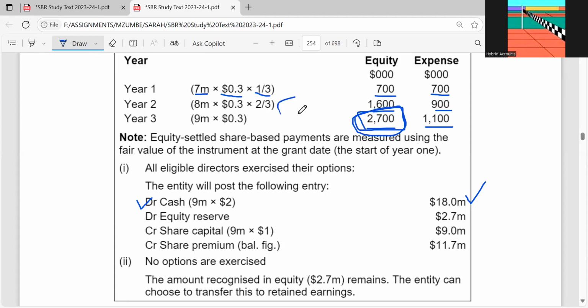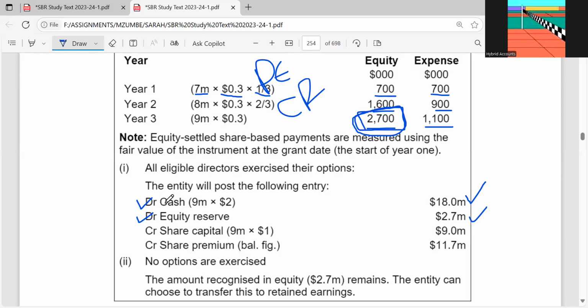Like I told you before, you credit equity and you debit expense, so we're going to undo that. That's why you can see we have debited equity reserve. We have removed that 2.7 million here. Very obvious.